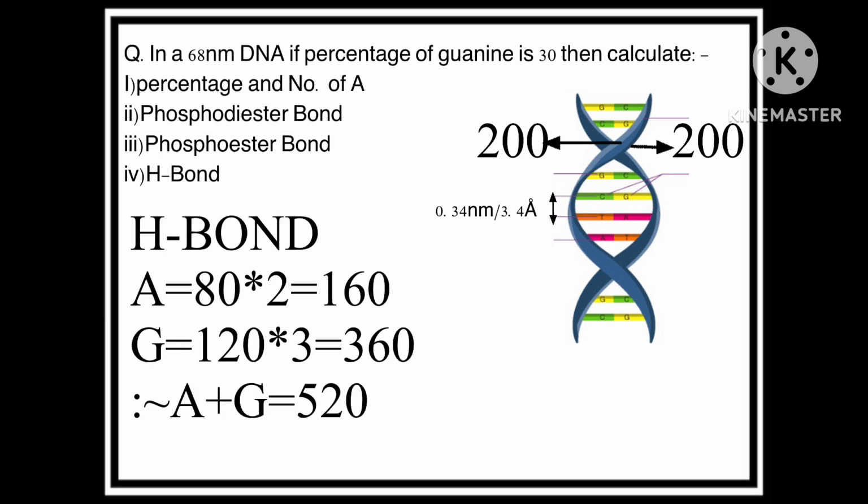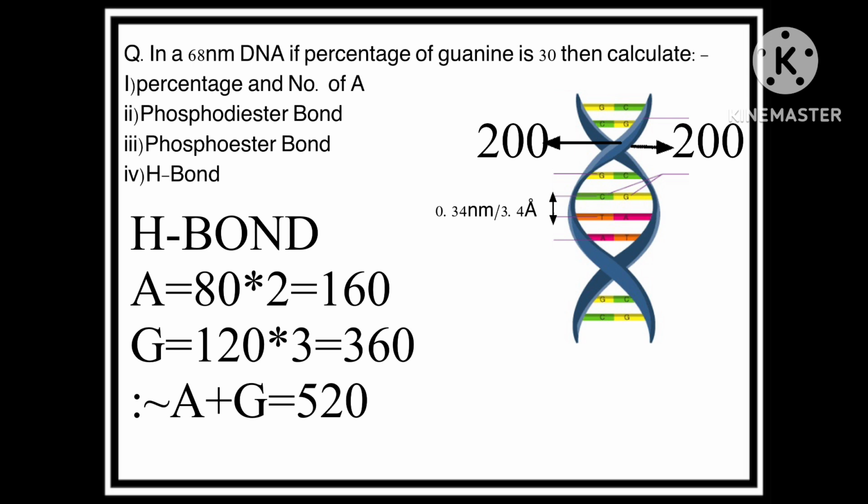In the fourth one we have to find the number of hydrogen bonds. We know the number of adenine from the first part, which is 80, and similarly the number of guanine will come to 120. We also know the bond between adenine and thymine is a double bond, and the bond between guanine and cytosine is a triple hydrogen bond. So we multiply the number of adenine by the hydrogen bonds, which is 2, and we get 160.